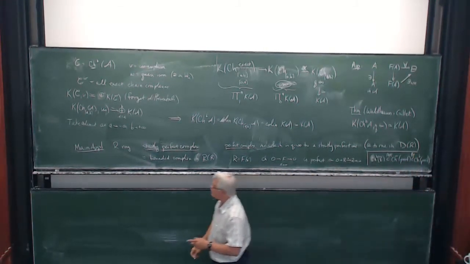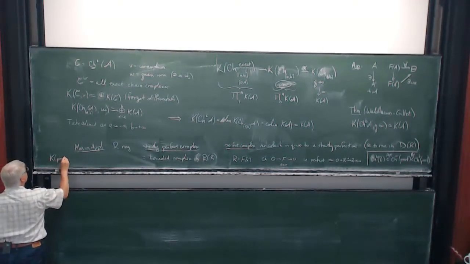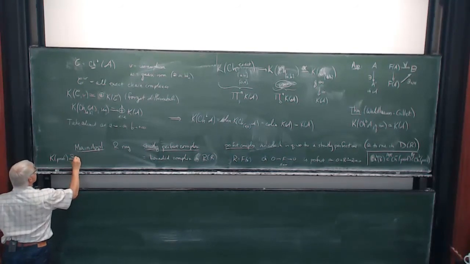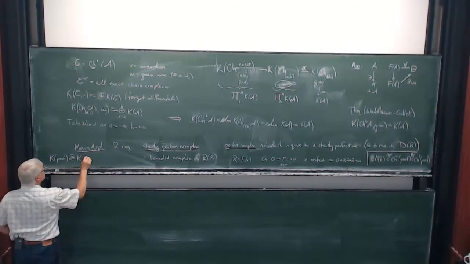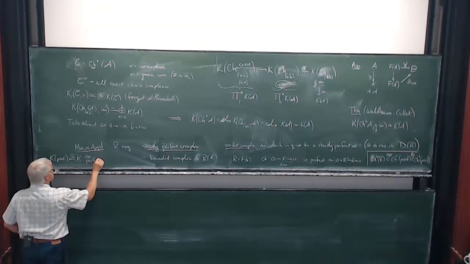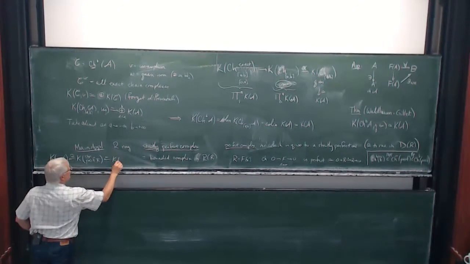And so the point of this is that also the K-theory of perfect modules is the same thing as the K-theory of the strictly perfect R-modules. And that's the same thing as the K-theory of R.